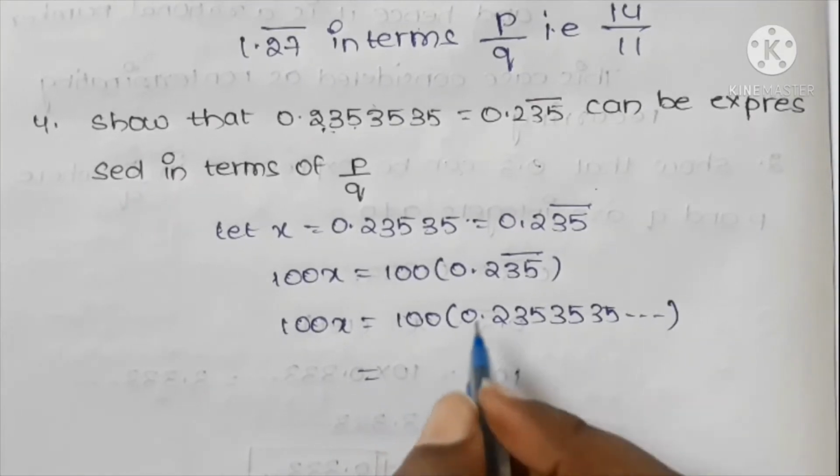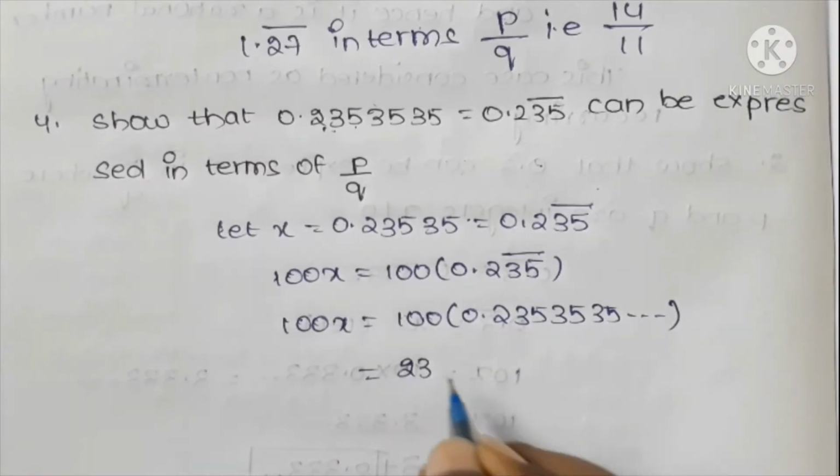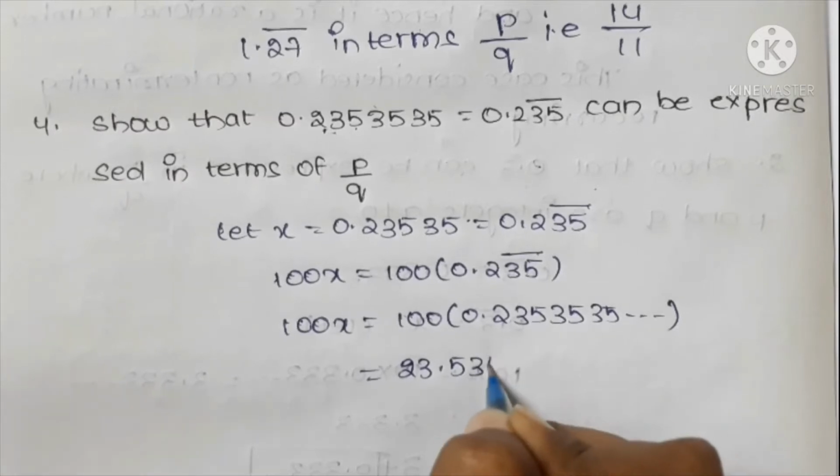And now when multiplied with 100 we get 23.5353 and so on.